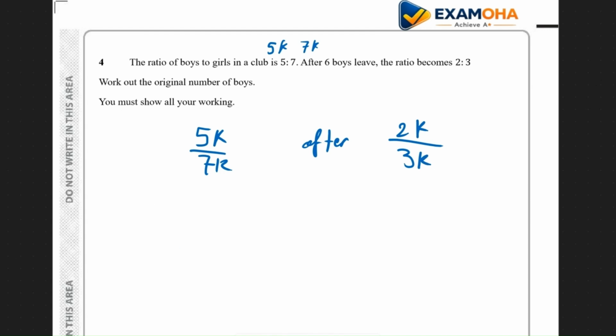But the question says, after 6 boys leave, the ratio becomes 2 over 3. How do we manage this one? That means 2 over 3 is equal to the ratio after taking out 6 boys. So we can write this now: 5k students, 6 students have been taken, to the same ratio of the girls, 7k. And the new ratio now becomes 2k over 3k, isn't it?